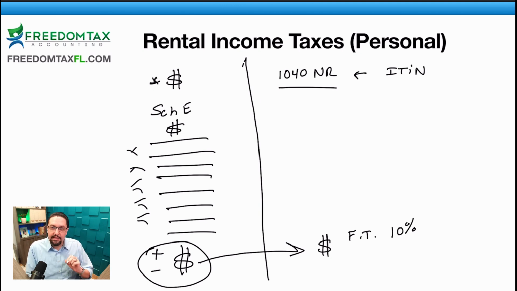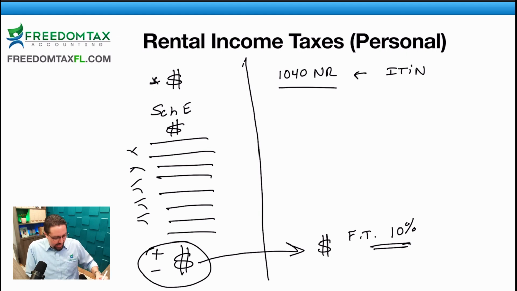The important thing here is that you don't pay the high 15.3% self-employment tax. If it were any other type of income, you would have to pay this tax as well. But since you are reporting rental income, which is considered passive income, then you don't pay the high Social Security tax, and you only pay the federal tax.